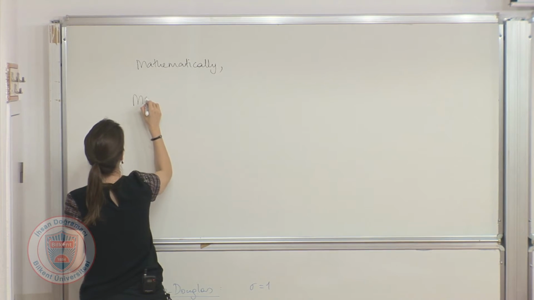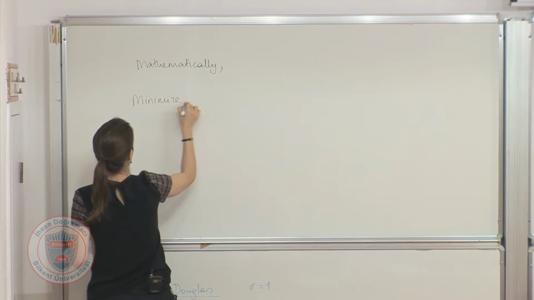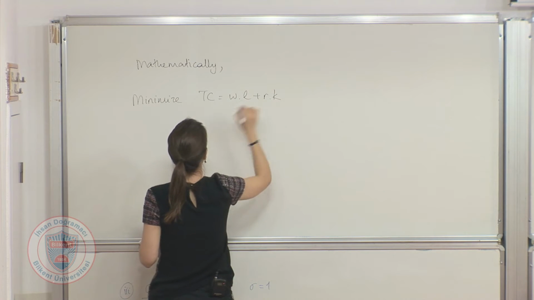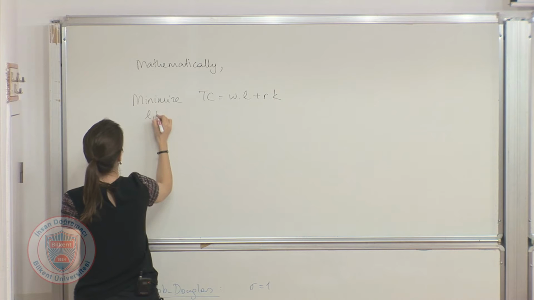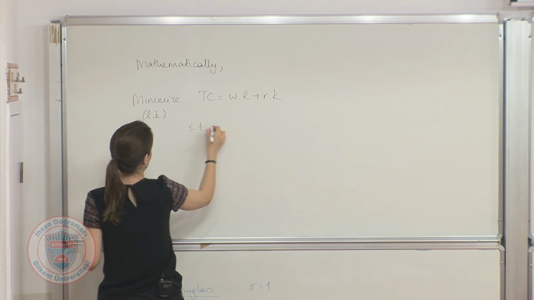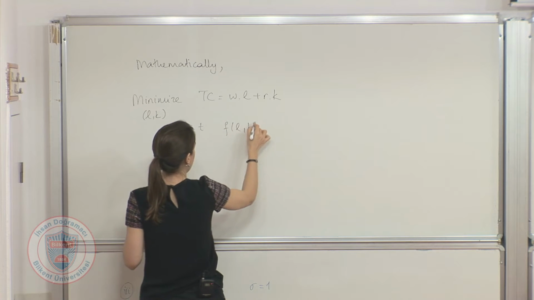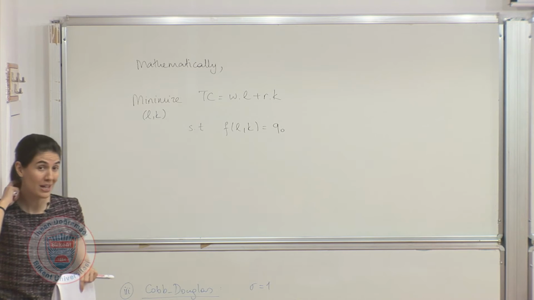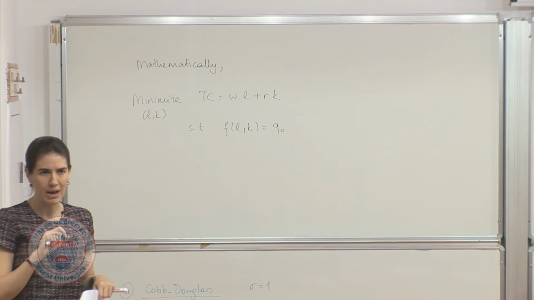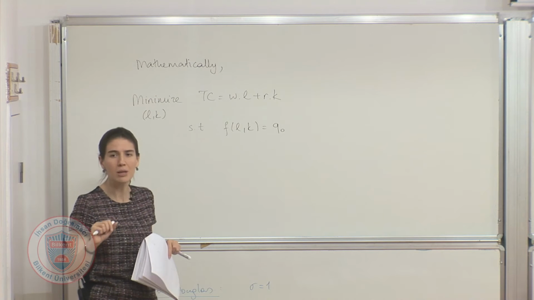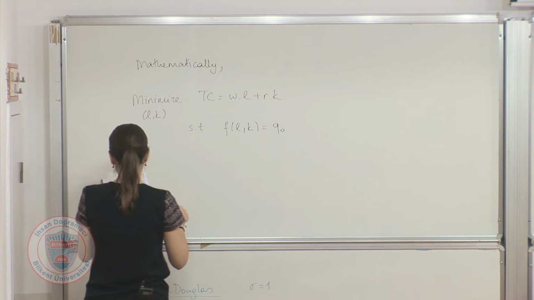Our problem is to minimize the total cost, wage times L plus R times K, subject to f of L, K equals q0, some level. That's why the result is called conditional input demands. The solution of this problem is going to be called conditional input demands.